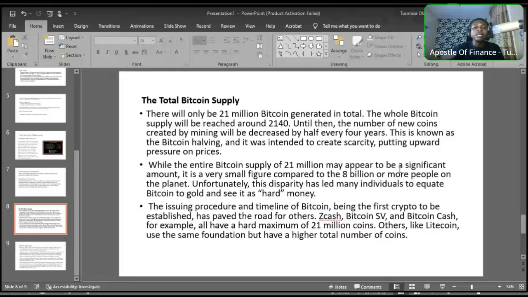Then the scarcity drove up the price, whereby $1 is now 150 rubles. You get? So scarcity always drives up price. When supply is low and demand is high, price increases.